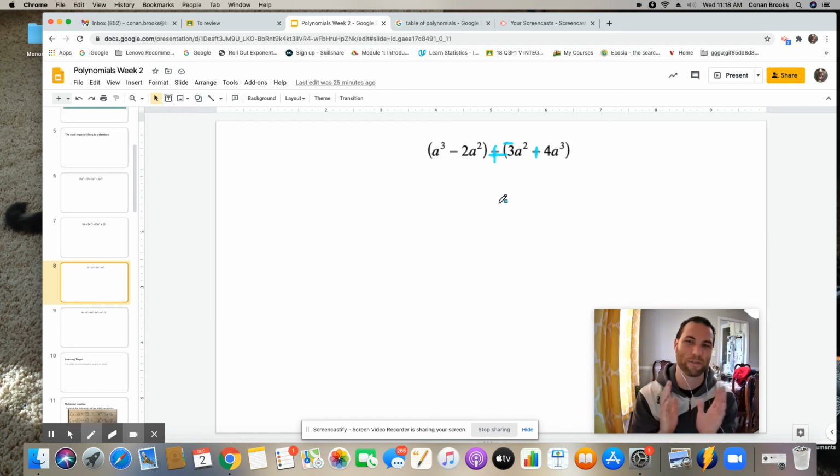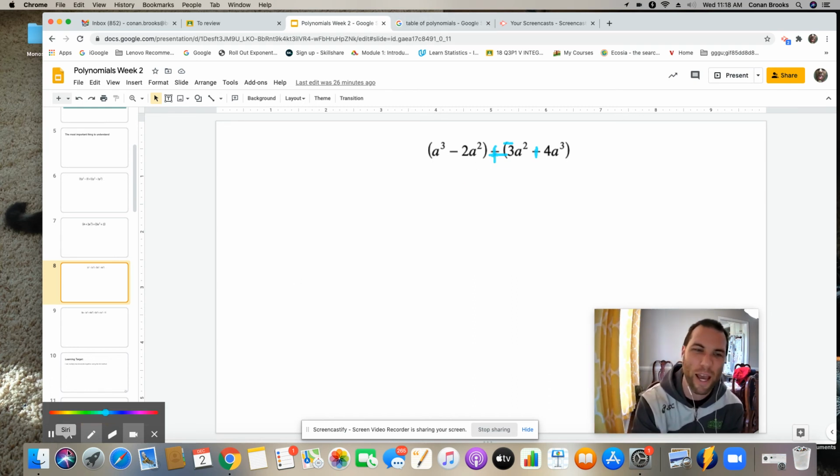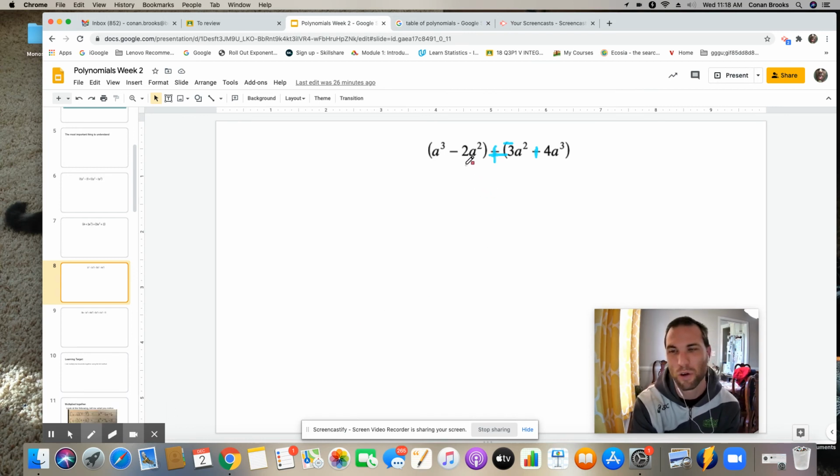Okay. So what I've done is I've turned it from a subtraction problem into an addition problem. And in order to make that true, I'm going to have to change all the signs of what I'm subtracting. Okay, and that works if you think about it. So now it's the same exact thing as addition. And now there's no signs to mess up. So a to the third and positive 4a to the third is 5a to the third.